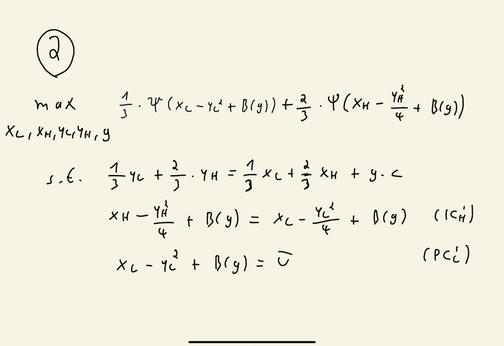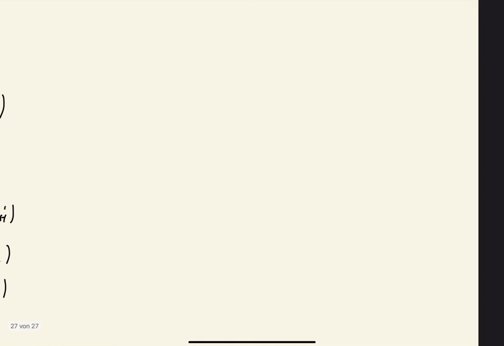And then we had the simplified incentive compatibility constraint for the low type, which was simply saying that the amount of income for the high type must be weakly larger than the income of the low type. Okay, so this is the starting point that I'm choosing here for this exercise. But we can simplify it a little bit more.